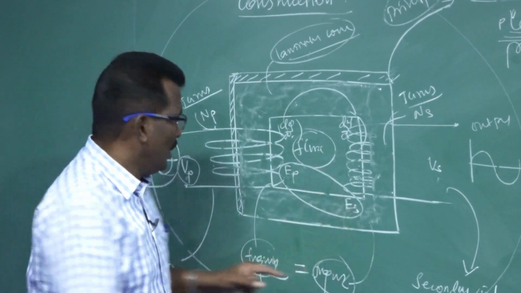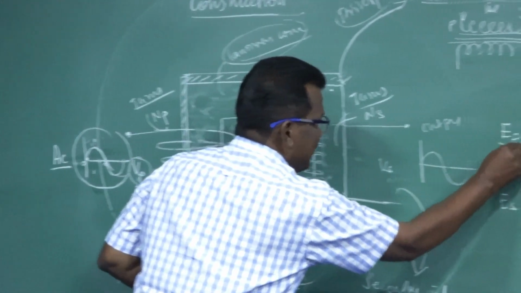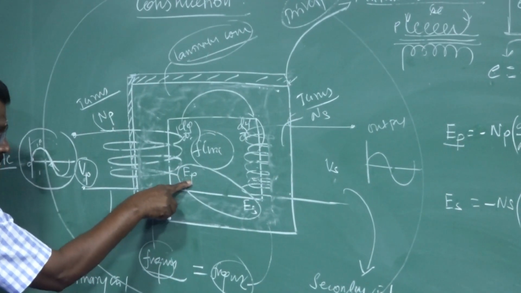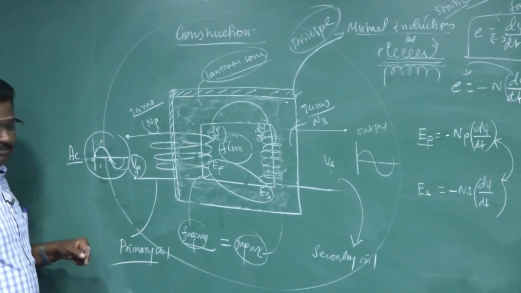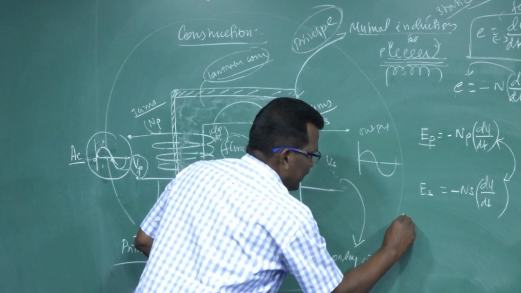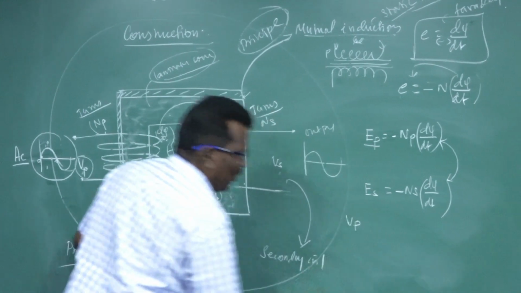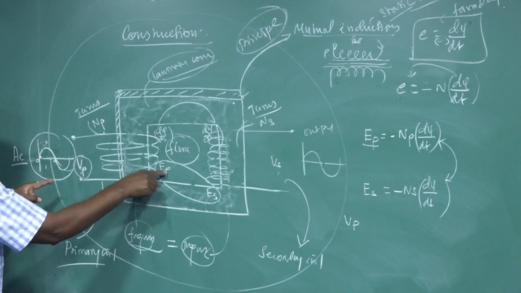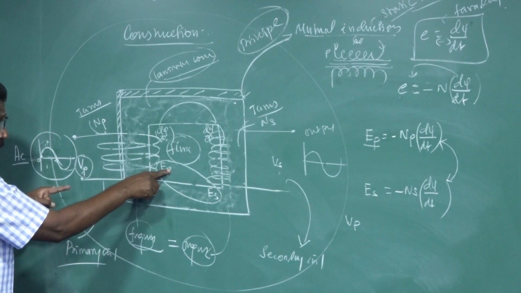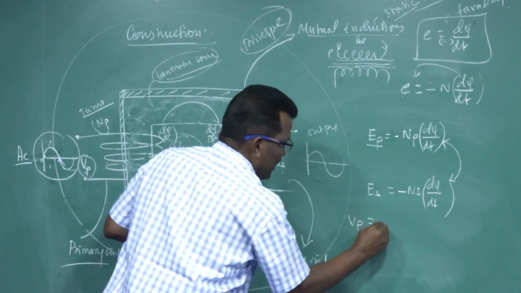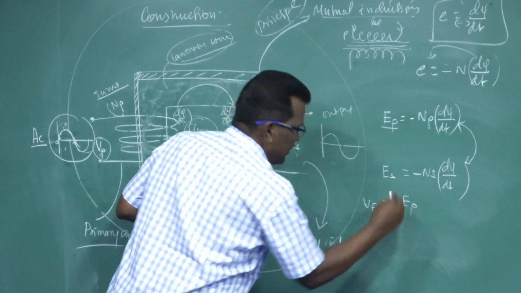We know that the EMF induced across the primary is equal to the applied EMF but in the opposite direction. The applied voltage VP is proportional to EP, the EMF induced across the primary, but in the opposite direction: VP is equal to minus EP.